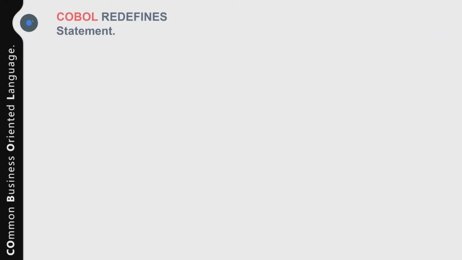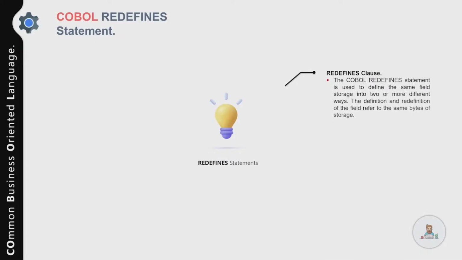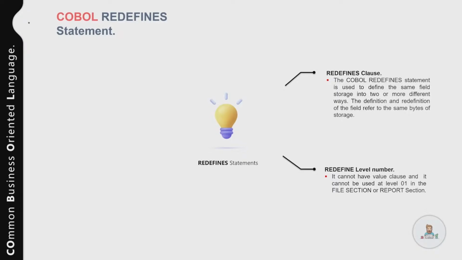Now let's talk about the redefine statement and how exactly you can use that in your COBOL program. By definition, the COBOL redefine statement is used to define the same field storage in two or more different ways. The definition and redefinition of the field refer to the same storage location or bytes. In this way, different data items can refer to the same memory location to reduce the memory space, and the program is easier to maintain as well.